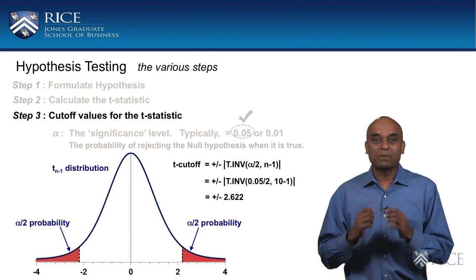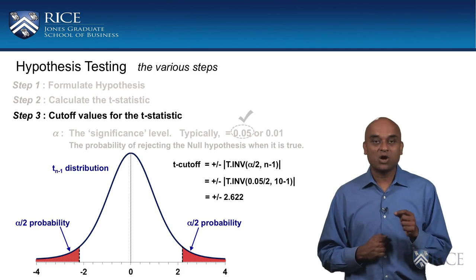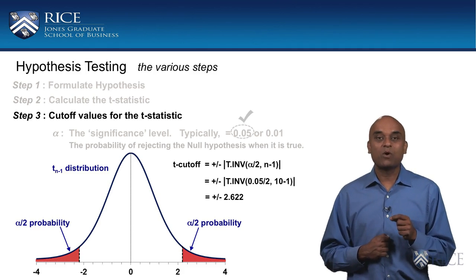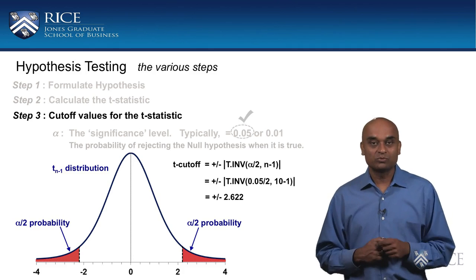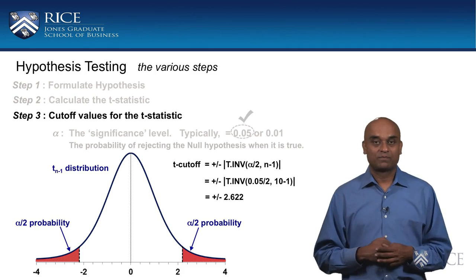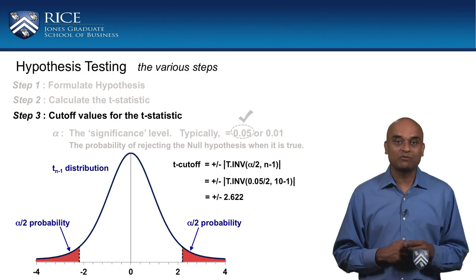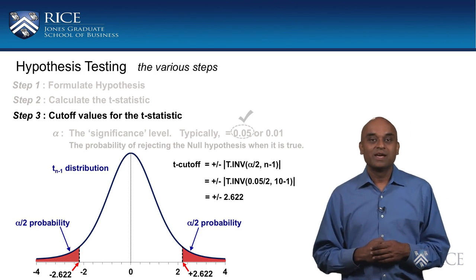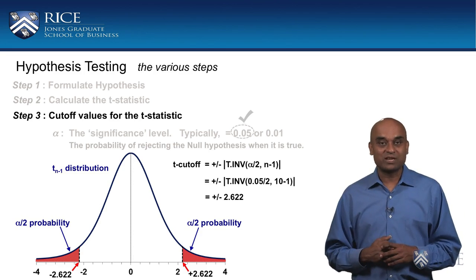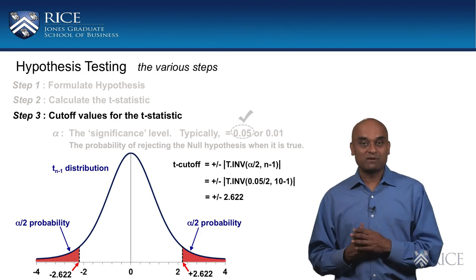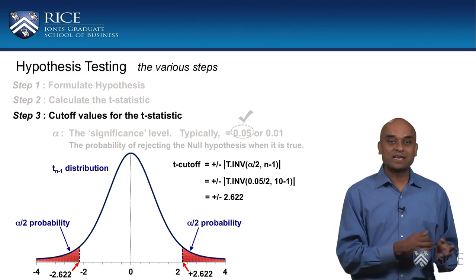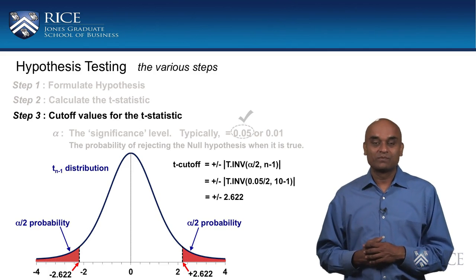These turn out to be plus minus T.INV(0.05 by 2, 10 minus 1), which is a positive 2.2622 and a negative 2.2622. In other words, our rejection regions are marked as greater than positive 2.2622 and less than negative 2.2622.